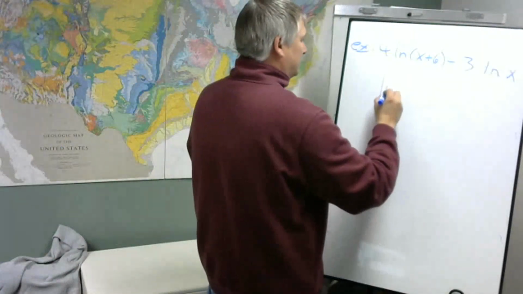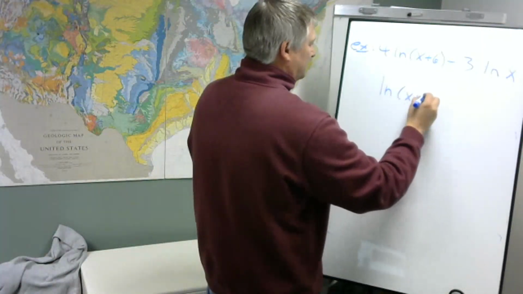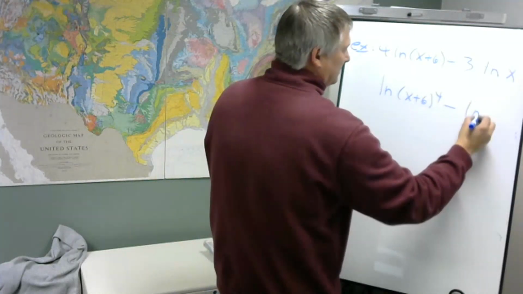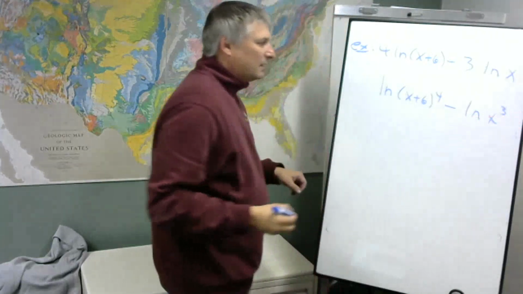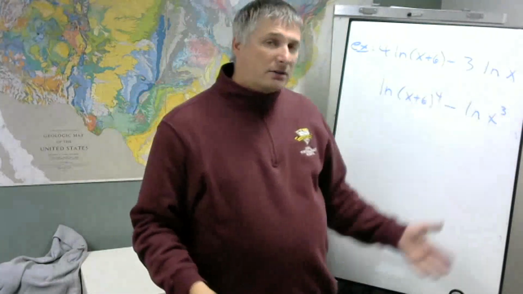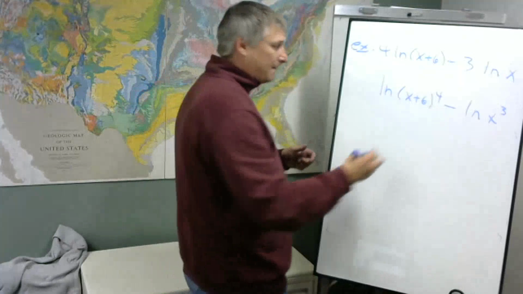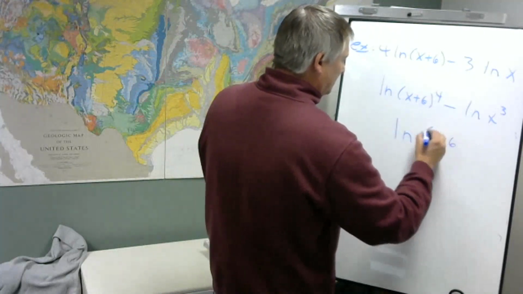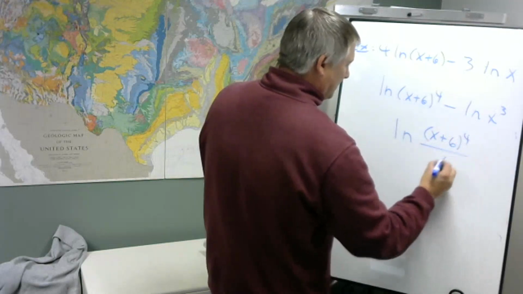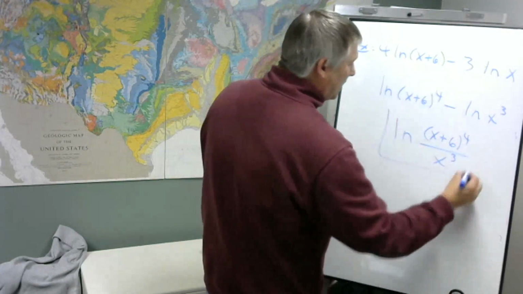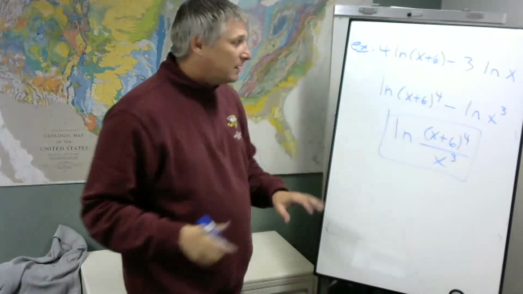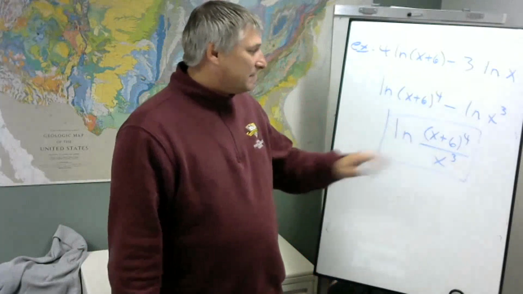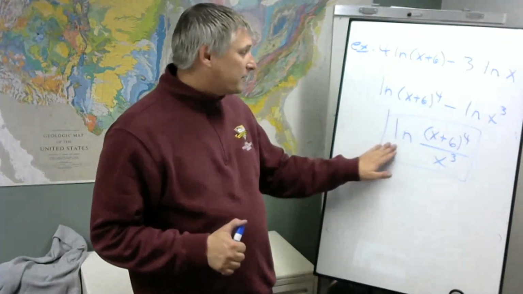This will be ln of x plus 6 to the fourth minus ln x cubed. And since this is a difference of logs of the same base, in this case base e, that's going to be a division or ratio of what's inside the logs. I'm sorry, not a ratio of the logs. That's one of the things we're not supposed to do. But there we go. That's what we're going to get, a logarithm of the ratio.